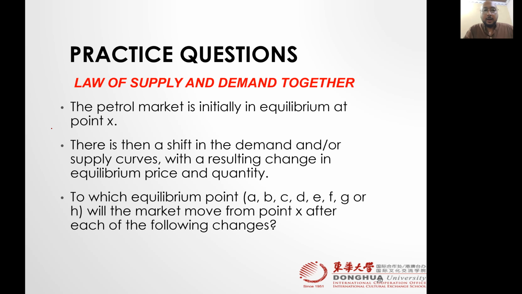We were discussing this question, which is basically the petrol market. It's initially in equilibrium, and there is then a shift in the demand or supply curve with the resulting change in equilibrium price and quantity. To which equilibrium point will the market move from point X after each of the following changes?